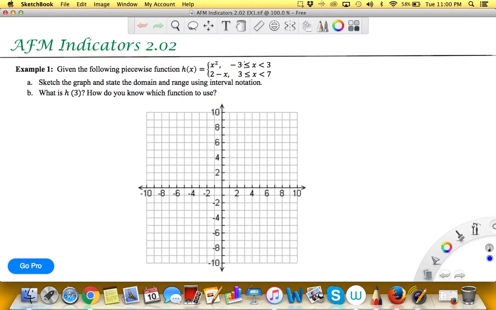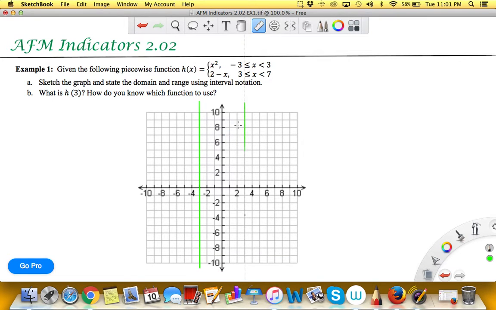So let's go ahead, and the first thing I want to do with this is partition off this graph because it's a piecewise function. So I want to go from -3, I'm going to put a little line, from -3 up to +3.